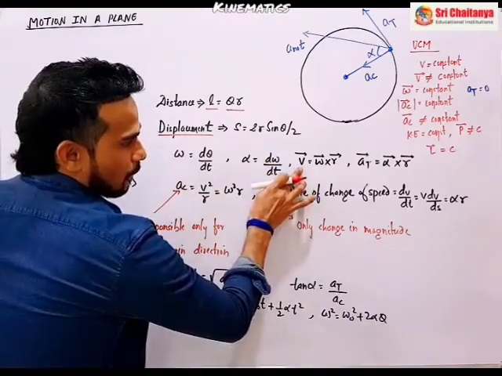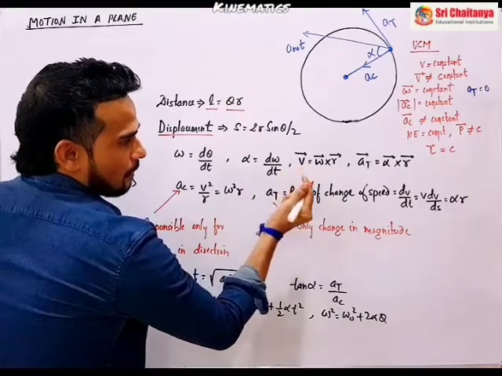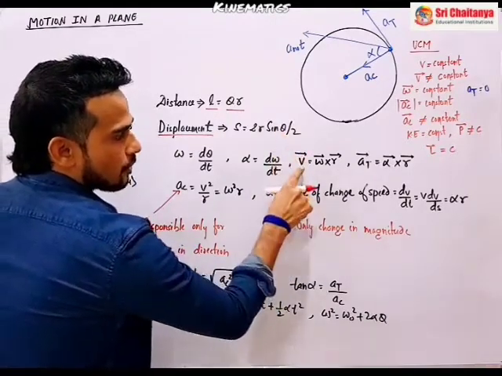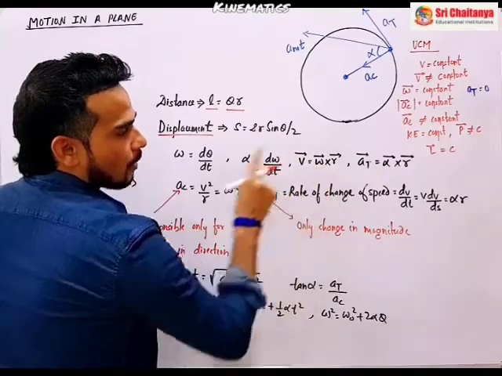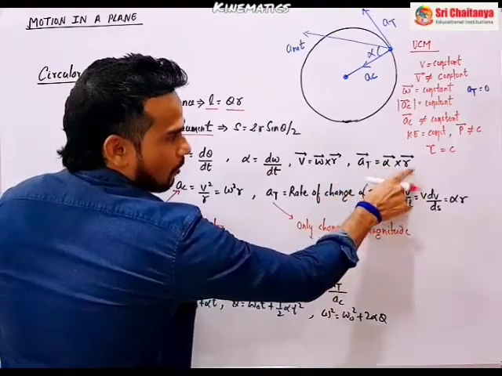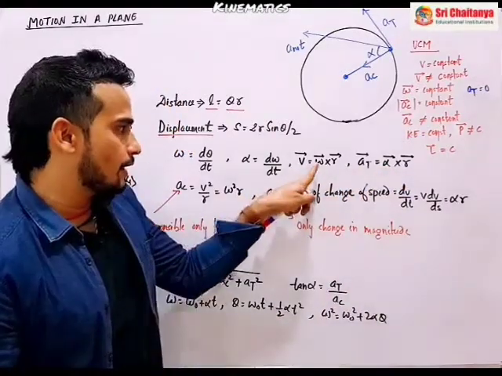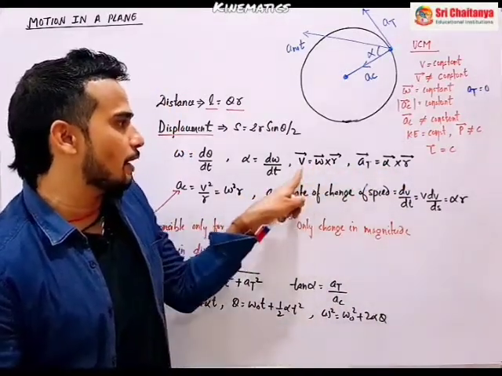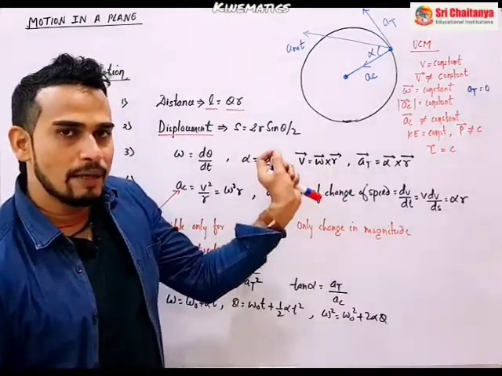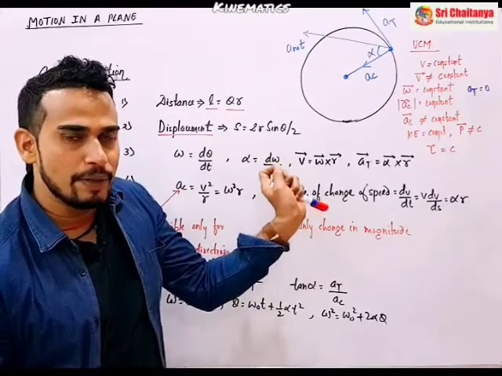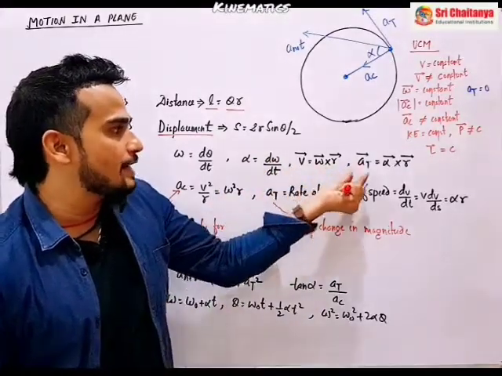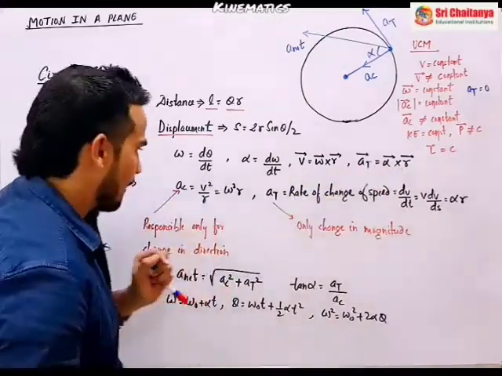V vector, your linear velocity, will be tangential. You know in a circular path, velocity will be in the tangential direction. So V vector will be equal to omega cross r. At will be alpha cross r. Same thing. These are angular quantities, these are linear quantities which we are relating. So omega will be d theta by dt, alpha will be d omega by dt, V will be omega cross r, At will be alpha cross r.